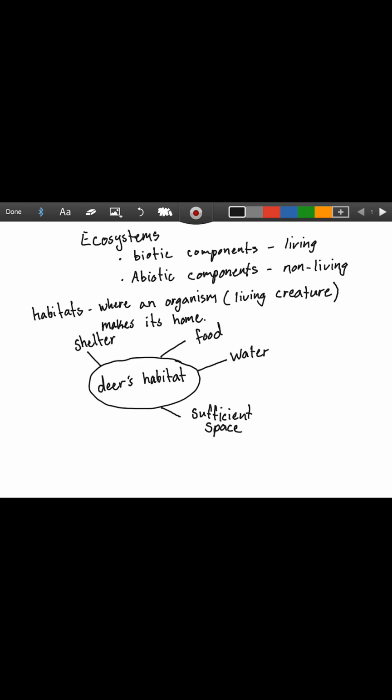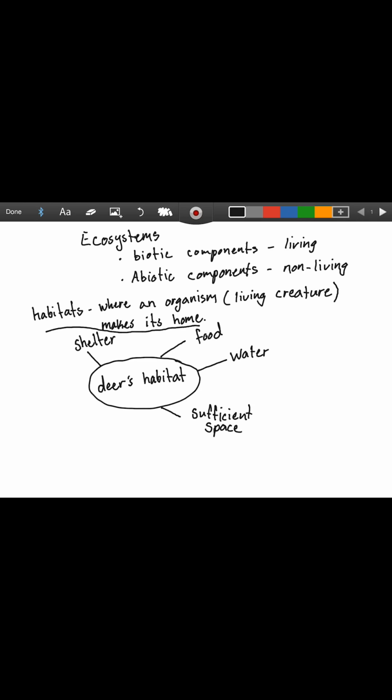Basically, shelter is just a roof over your head. So for a deer, deer don't necessarily need a roof per se. Deer sometimes just really need trees so that they can cool themselves down when the sun is too hot. Also, maybe it can use trees to hide from predators. So, different uses of shelter, but still shelter.